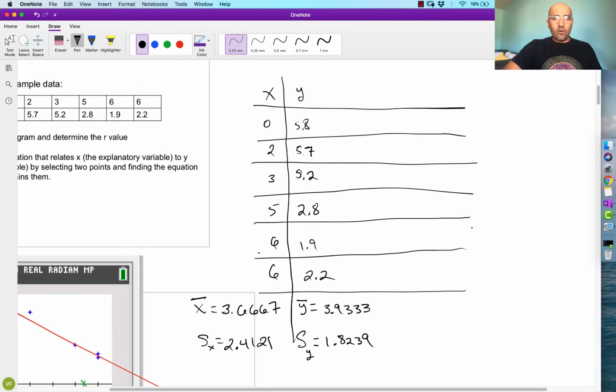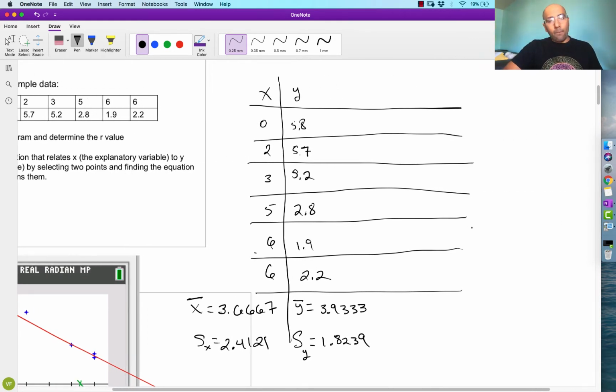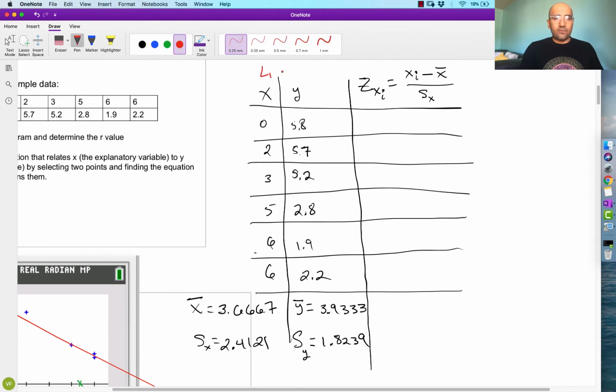Okay, so now that we have those values, remember our formula is going to be to find the z-score of each x, each y, multiply them together, and then finally add them all up. So I need a column here for the z-scores of each x value, which is equal to each x sub i value minus the mean for the x's divided by the sample standard deviation for the x's, right? Well, in my calculator, that's list 1, and this is list 2.